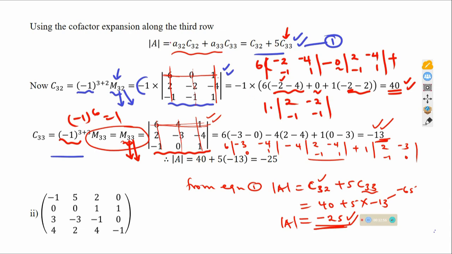Someone might not necessarily have chosen the third row. A person can choose to use the second row, can choose to use the third row, can choose to use the fourth row, or you can use the columns. You can use the columns, but you should be able to get the same answer. So you will try it using the different rows and see if you are able to get the same answer.